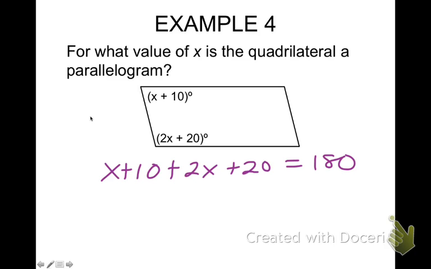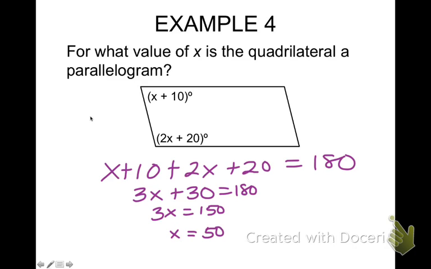The parentheses are just there to group the whole expression together. So combining like terms, x plus 2x makes 3x, 10 and 20 makes 30, equals 180. Subtract 30, 3x equals 150. Divide by 3, 50. So if x was equal to 50, then that would be a parallelogram because your consecutive angles would be supplementary.